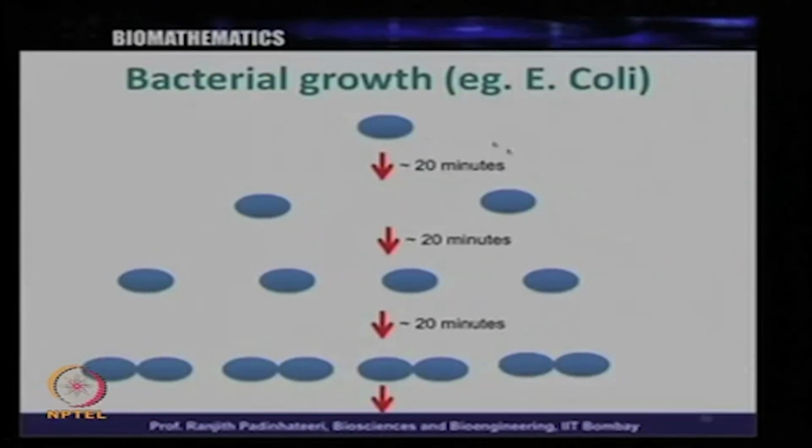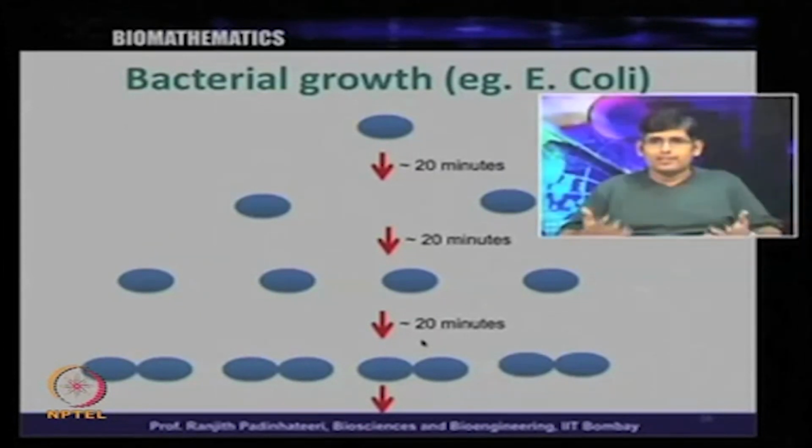That is a typical time with which bacteria divide, and it again divides into 2, each of them divides into 2. So, again 4, they again divide, each of them into 2. So, 8 and so on. They divide 2, 4, 8, 16, 32. Then it just keeps increasing.